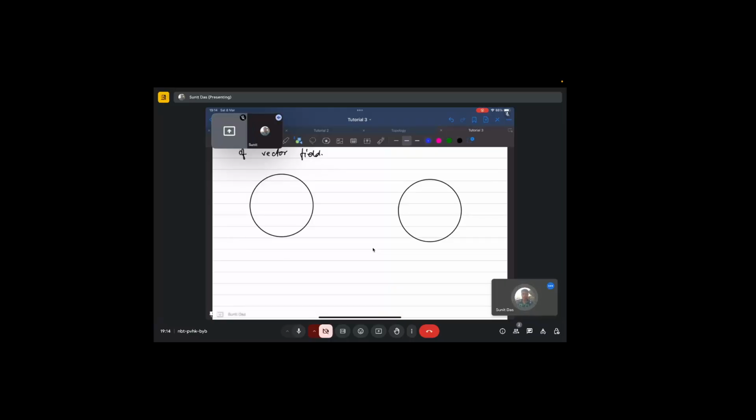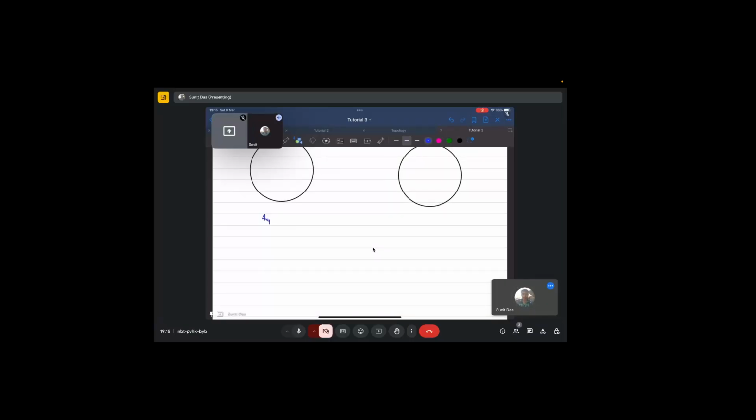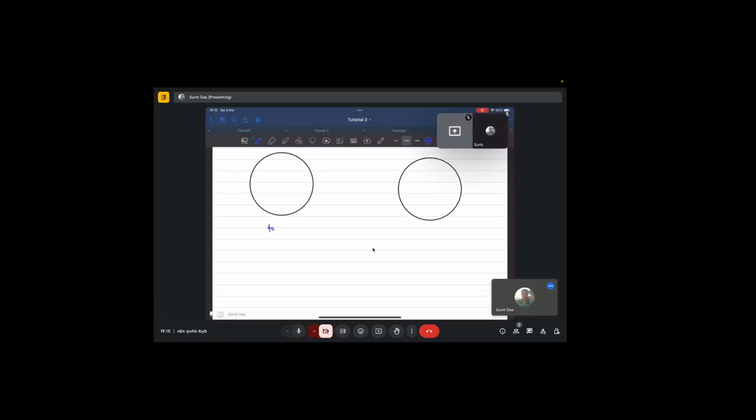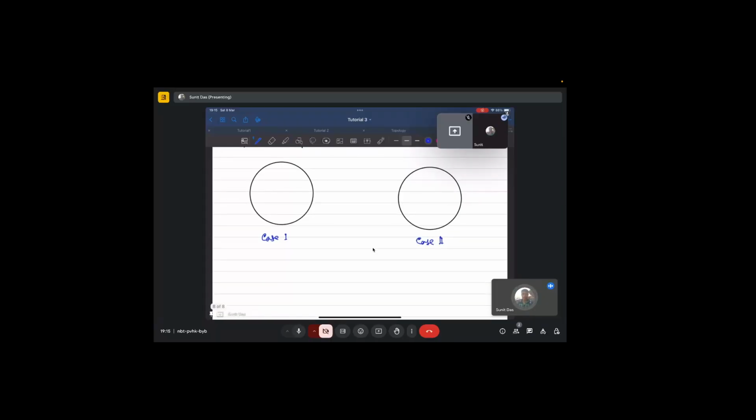So this was the type 1, let's say, or case 1 rather. Case 2, okay. So in the previous case, assume that this is the positive x direction.